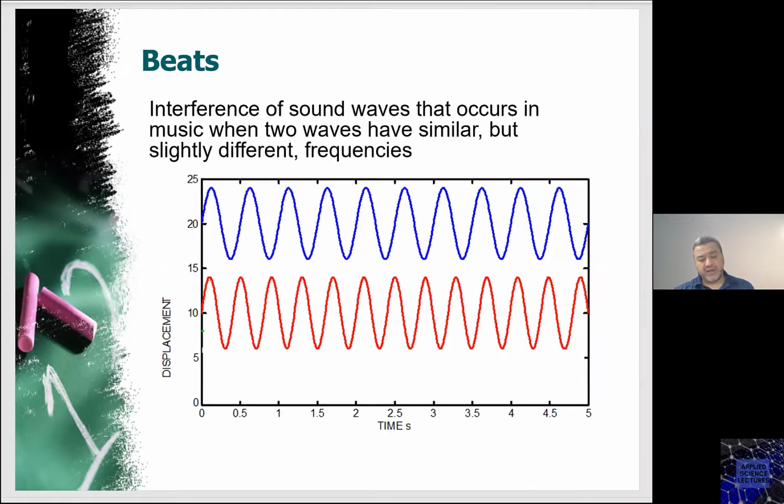Now we define a quantity called beats. The beats are basically the interference of sound waves that have almost the same frequency, however slightly shifted. The beat will be the result of the interference between those two frequencies that are slightly different. So if this is F1 and this is F2, then F1 does not equal F2. However, the difference is very small.